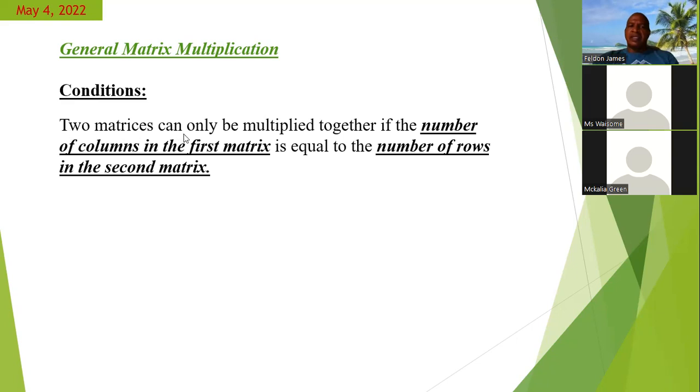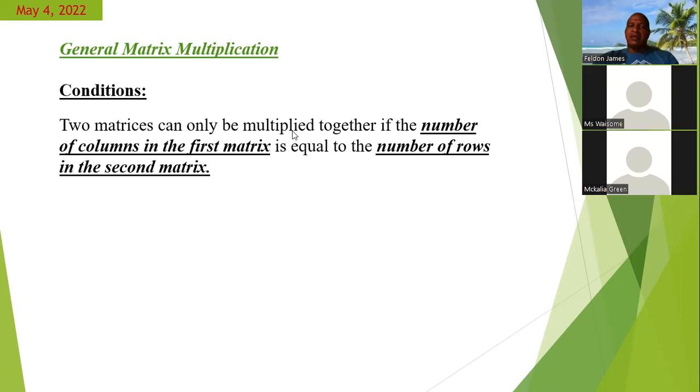First, two matrices can only be multiplied together if, and whenever you see the word if, what that means is that if that condition exists, you can do the multiplication. But if that condition does not exist, then you can't do the multiplication.